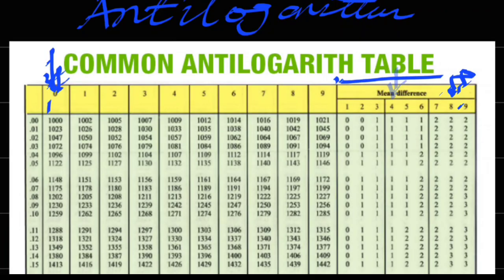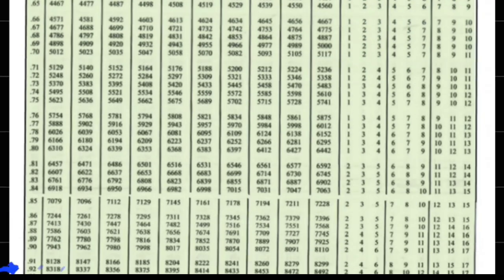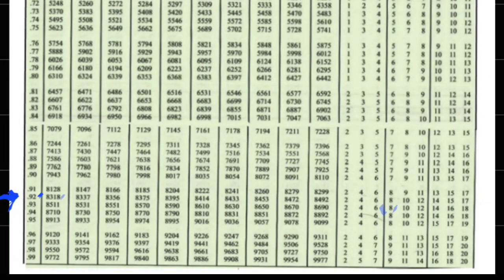So if you check this going down, you will see 8318 here. Then you write your 8318.